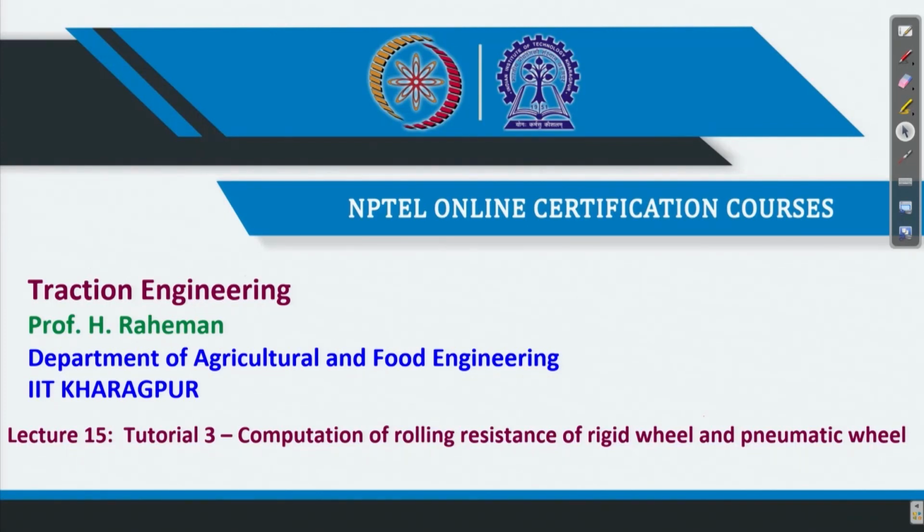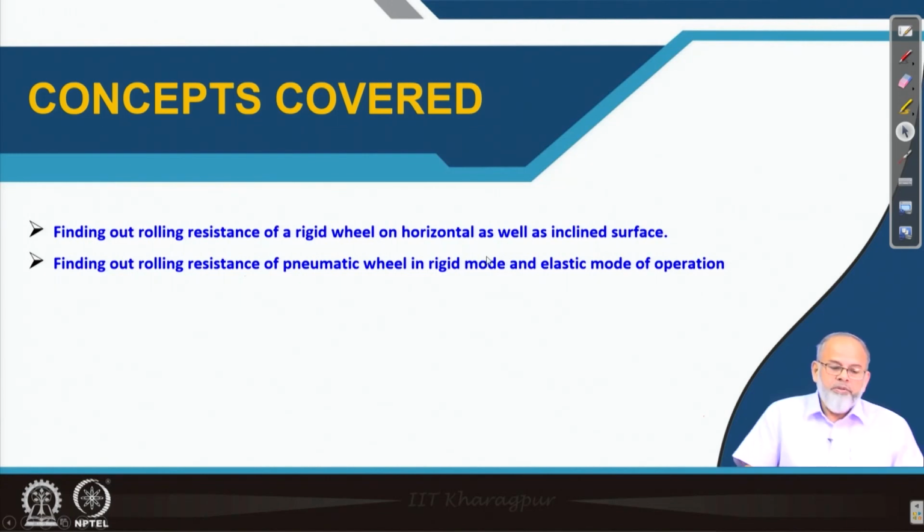This is lecture 15, where I will try to take a tutorial related to rolling resistance. That means how to find out rolling resistance of a rigid wheel as well as a pneumatic wheel. The concept will be how to find out rolling resistance of a rigid wheel on a horizontal as well as inclined surface, how they are different, and then finding out the rolling resistance of a pneumatic wheel.